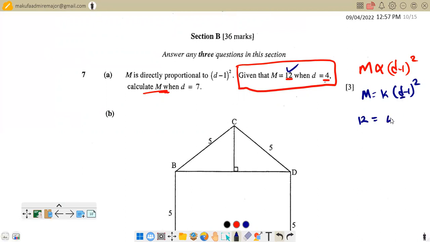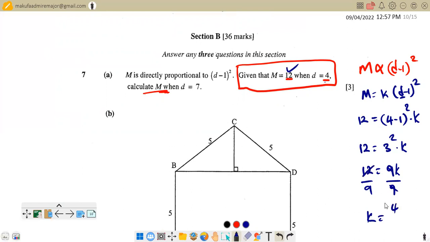So in place of d here, substitute 4. So it's 4 minus 1 squared times k. That's 12 is equal to 3 squared times k, that's 9k. Then you can divide by 9. So our k, if we reduce by 3, is 4 over 3.